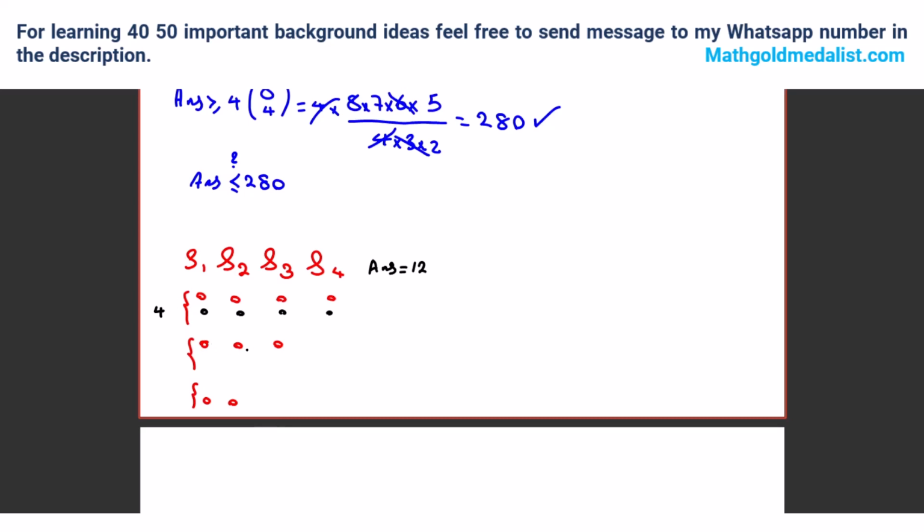Then here we should have how many of these things? Yes, we can have 1. Let's see what happens. And what about this one? Let's check. S1, S2, S3. Okay, so like 1, 1, 1, 1, 2, 2, 2, 2, 4 threes, 4 fours, okay?